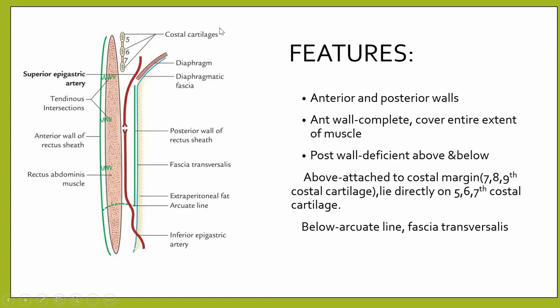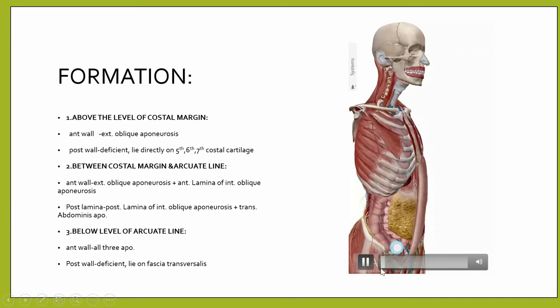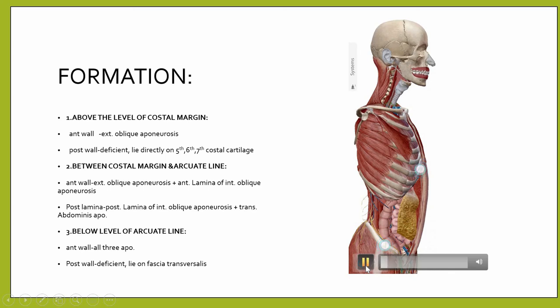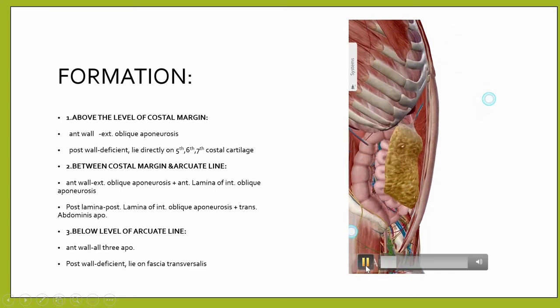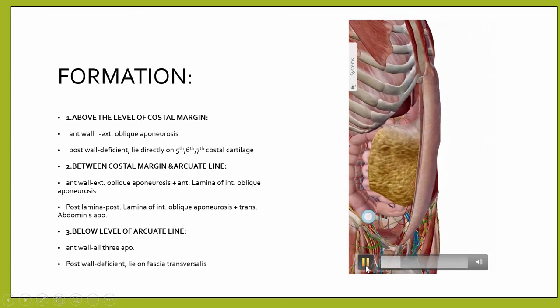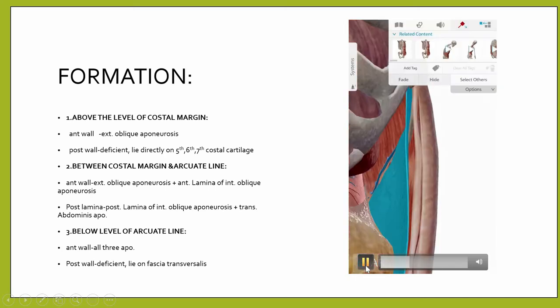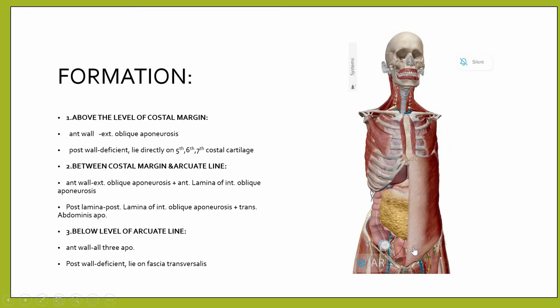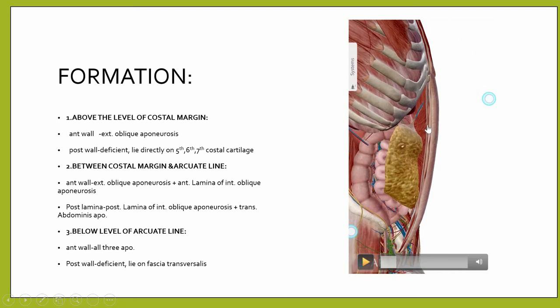Talking about the formation of the sheath, let's just quickly watch how it looks. The superficial layer is the external oblique muscle, and this is the internal oblique muscle.